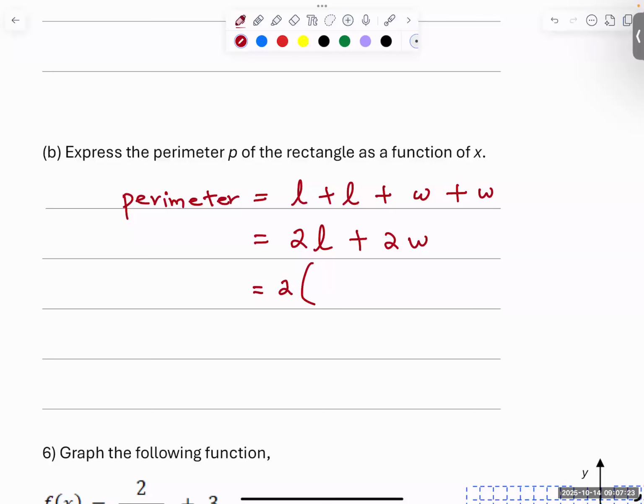The length, again, is 2 times x, plus twice the width, and let's put another paren here.